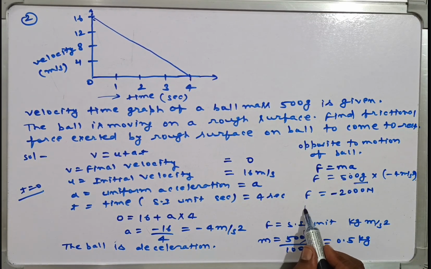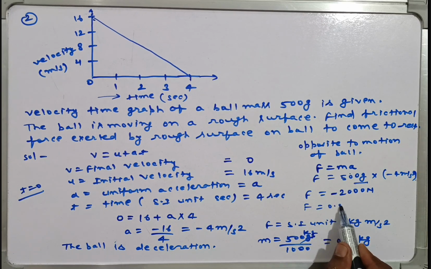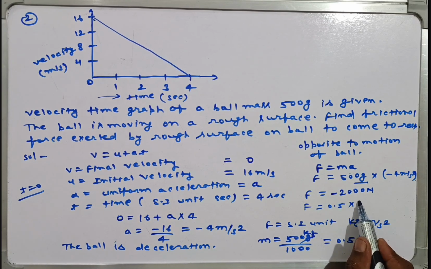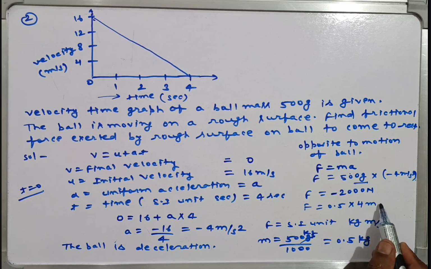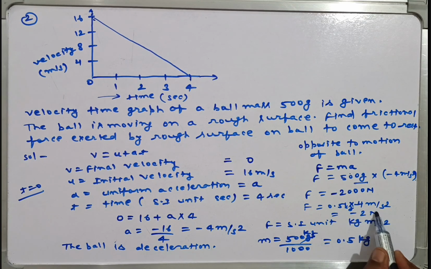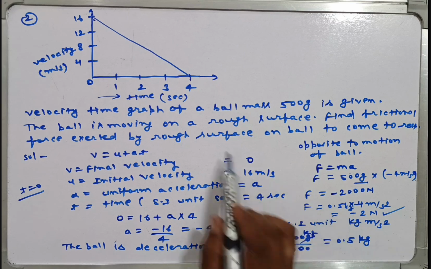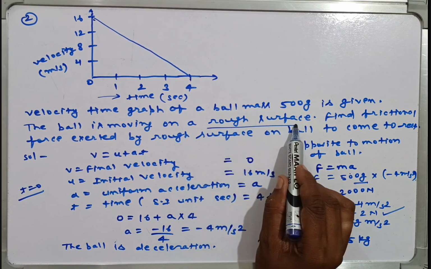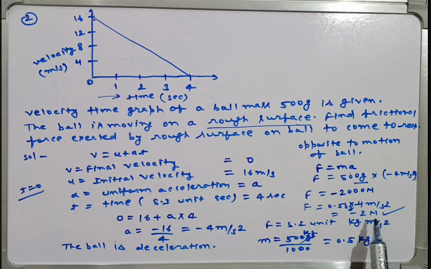Now again we put the value here. Now see what is coming. This is coming, guys, minus 2 Newton. Okay, so this one is the correct answer. The frictional force exerted by the rough surface on the ball is 2 Newton.